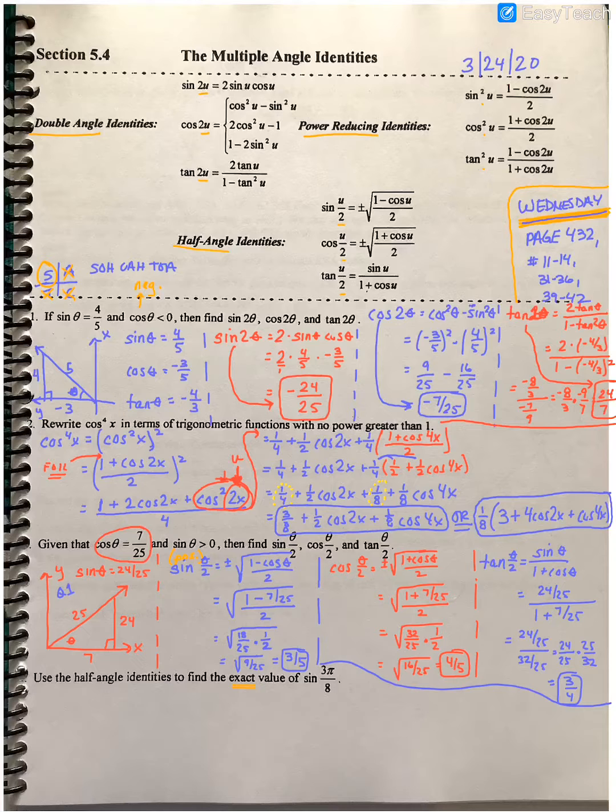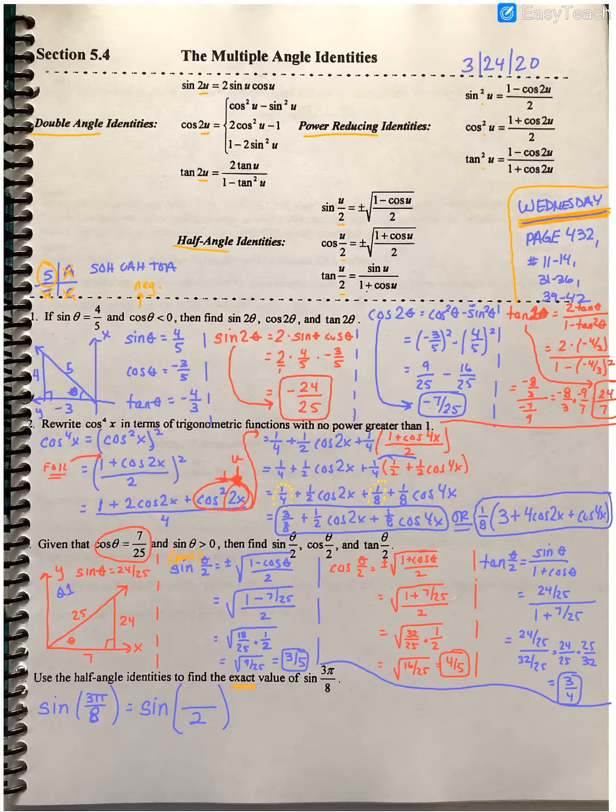So first things first, we are trying to find the exact value of sine of 3 pi over 8. Now, as we work to find the exact value of sine of 3 pi over 8 using a half angle identity, half angle identities read sine of something divided by 2.